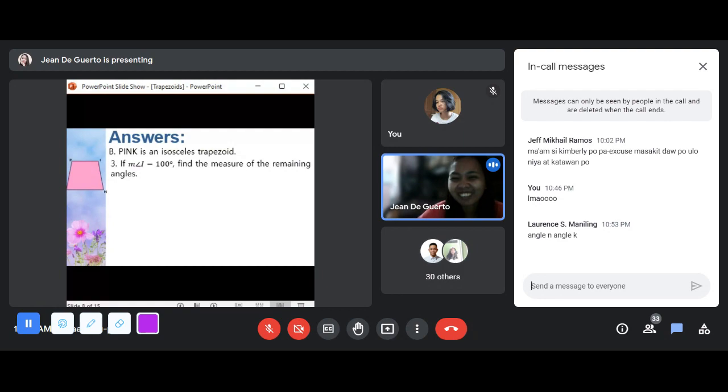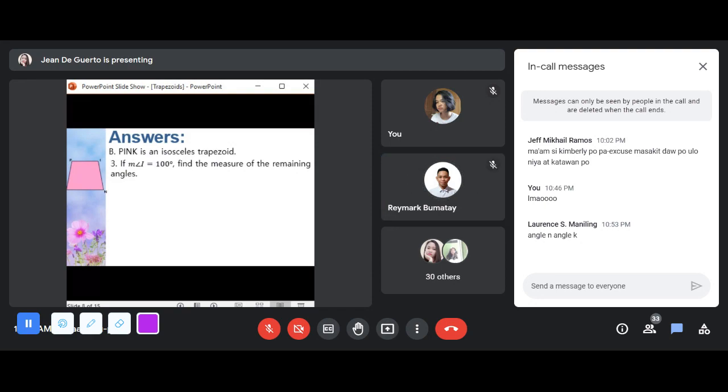Yes, 80 degrees. Okay? How did you get the 80 degrees, Remark? Ma'am, I added the upper base angles, which is 200, then subtracted it from 360, which is 160. Then I divided it by 2 so that their value is shared by K and N, which becomes 80.